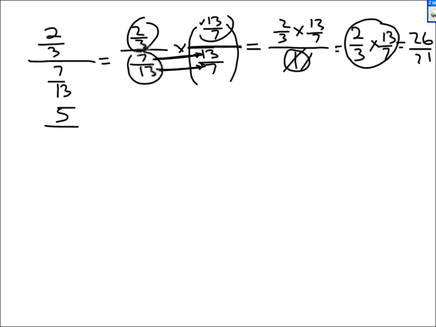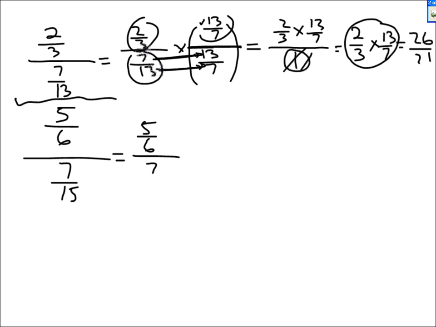You have 5 over 6, and you're dividing it by 7 over 15. Well, like any number, this is a number. You can multiply by 1. Well, I want the denominator to be 1 when I multiply. So what do I multiply that denominator by? The answer is the reciprocal.